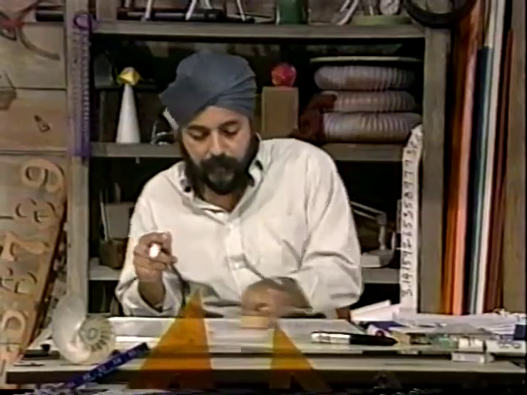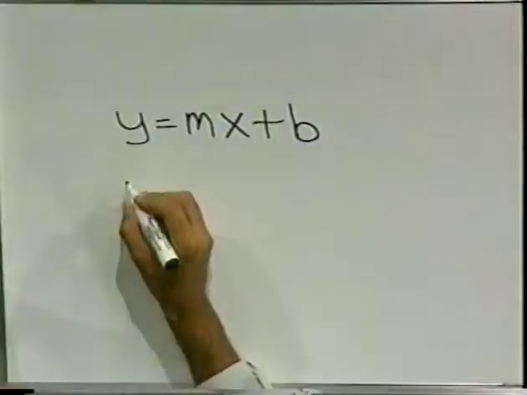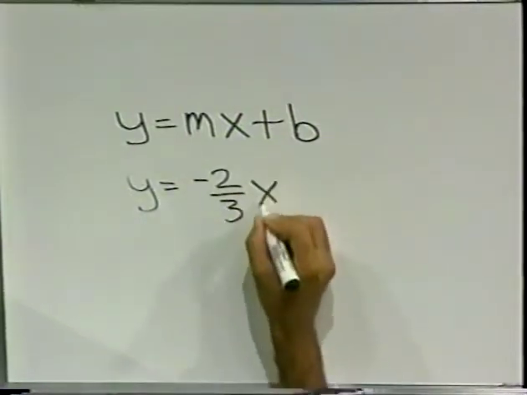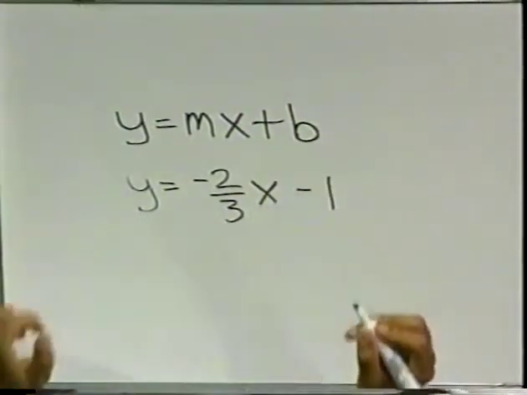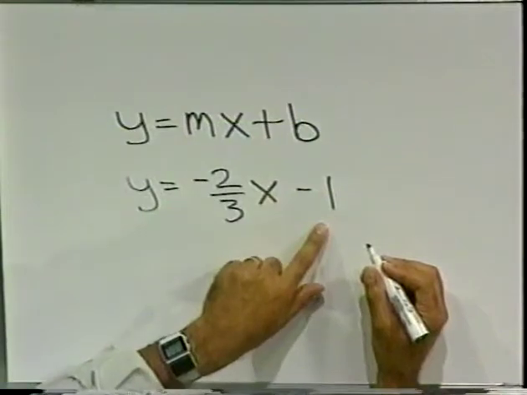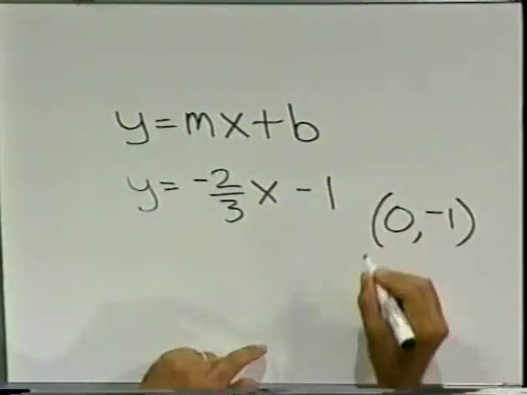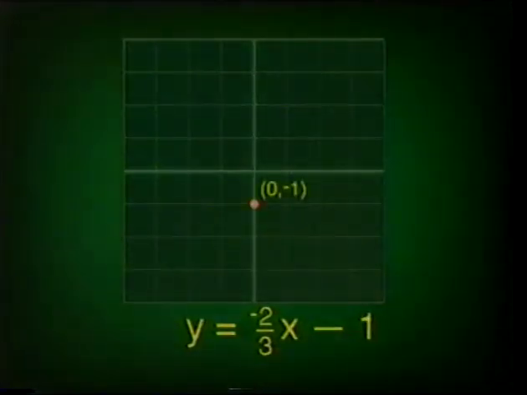For example, in this equation, y equals negative 2/3 x minus 1, the y-intercept is negative 1. So I start by plotting the point 0, negative 1. Next, I look at the slope, which is negative 2 over 3.